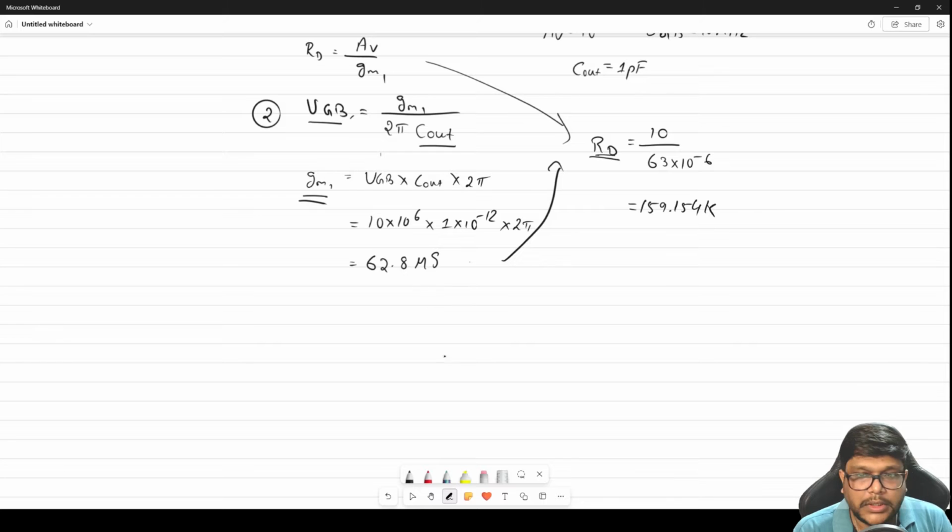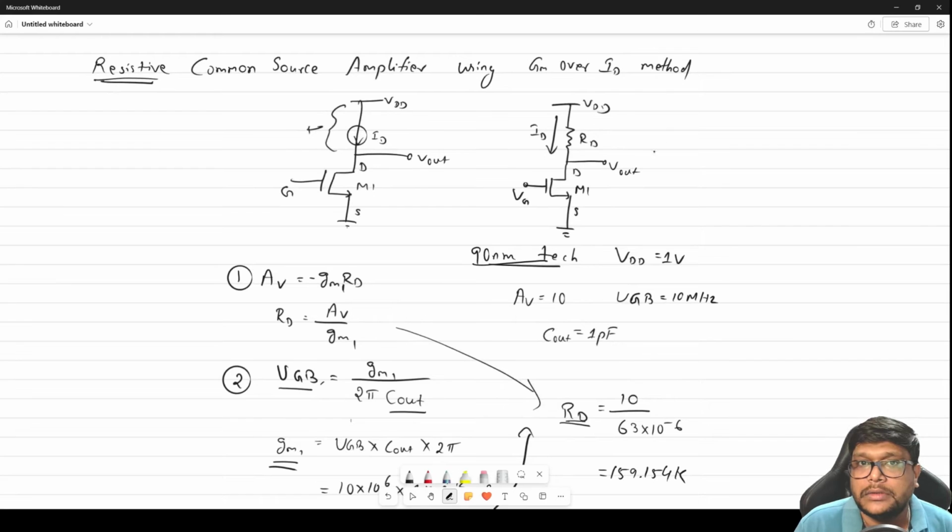Another thing, we know that our Vout is equal to VDD. Okay, so you can see here the current will flow through this RD, some drop will be there, so the voltage drop will be ID RD.